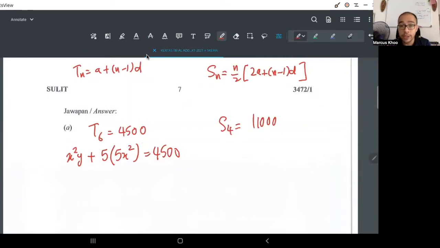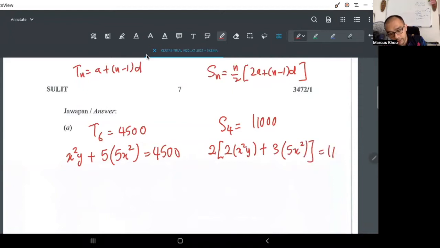You can form this again. 4 over 2 will be 2 times 2, our A is x squared y, plus 4 minus 1, 3 times D, which is 5x squared, equals 11,000. So that will be our second equation.